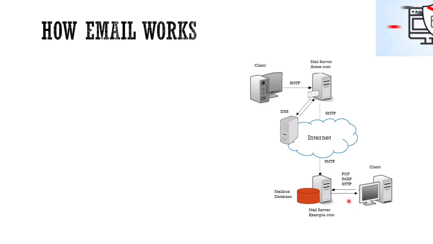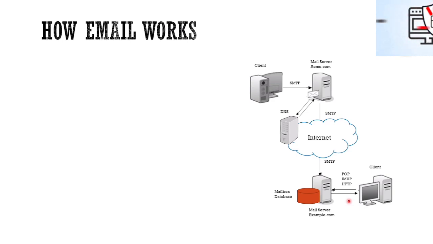I will use POP, POP3, IMAP, IMAP4, HTTP, HTTPS, or even in a Microsoft LAN, RPC. I'll use one of those protocols, not SMTP. So SMTP is for sending, and some of those other protocols are for receiving. So that is how basic email works.